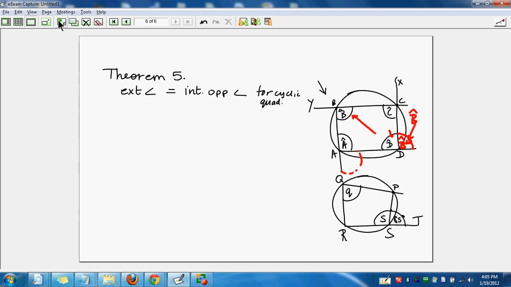Right? The exterior angle here is equal to the interior opposite. So the exterior angle here will be angle C, because the exterior is equal to the interior, which is the one on the inside of the shape, opposite. So these two will be equal. Okay? So that's the procedure that we will use to determine the various angles.